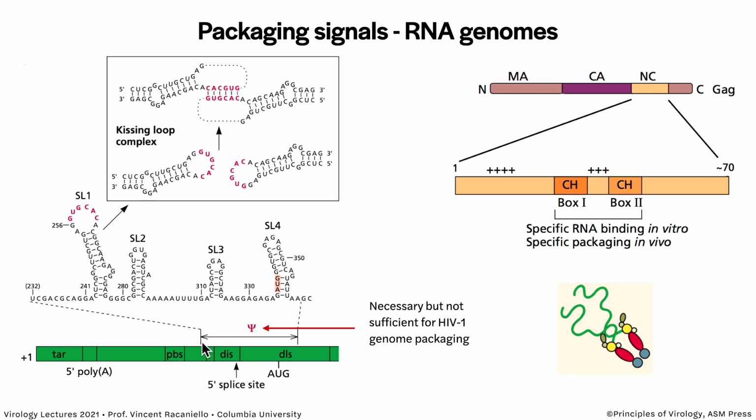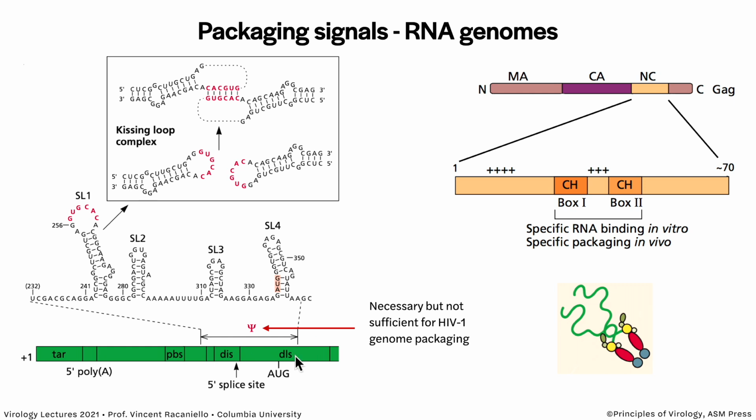And moving down a little, there's this structured region here with a couple of stem loops, and this stem loop 1 has this red sequence which will base pair with the same stem loop on another RNA, and that's how this kissing loop interaction works. So these are loops from 2 different viral RNAs, they base pair, and that's what pulls a dimer into the particle.